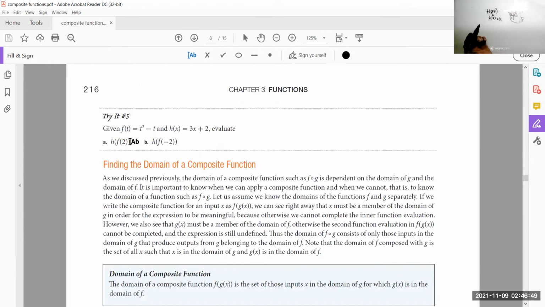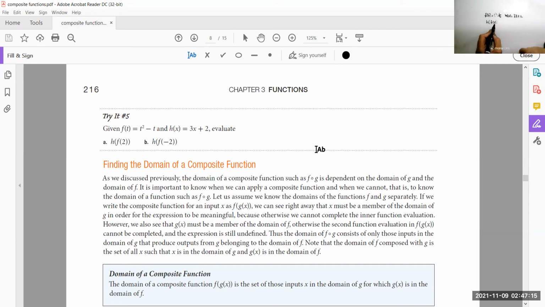Okay, so let's try this one. We have, given f of t equals t squared minus t, and h of x equals 3x plus 2. We need to find h of f of 2.